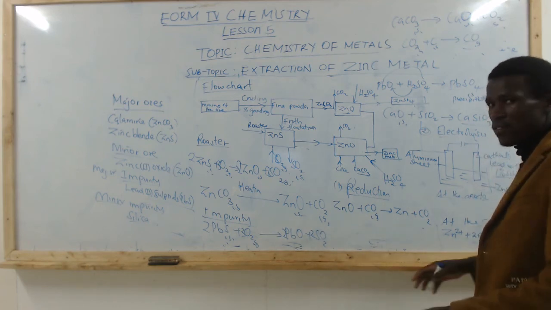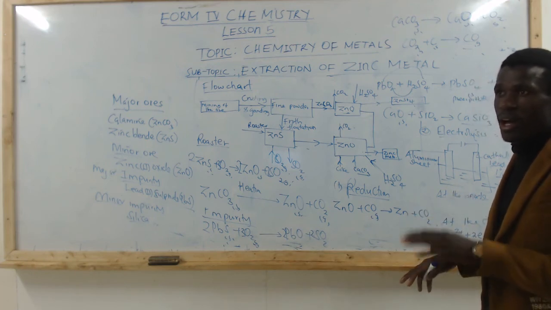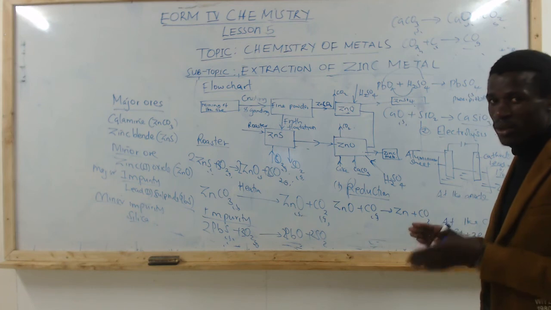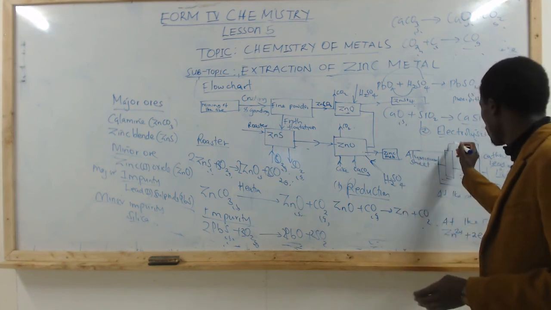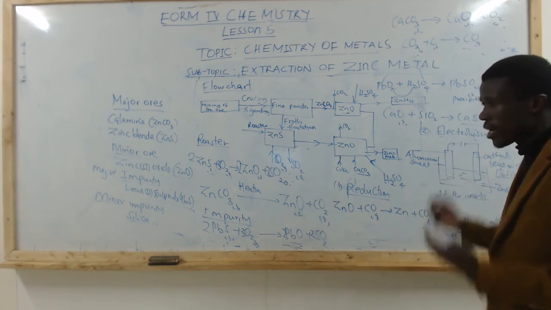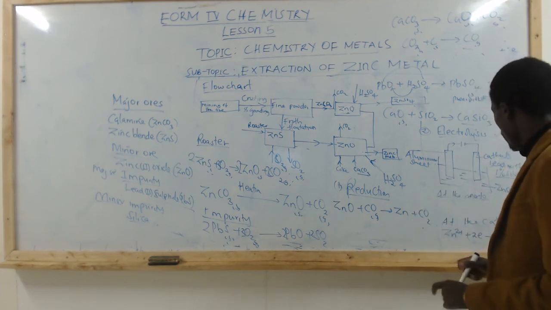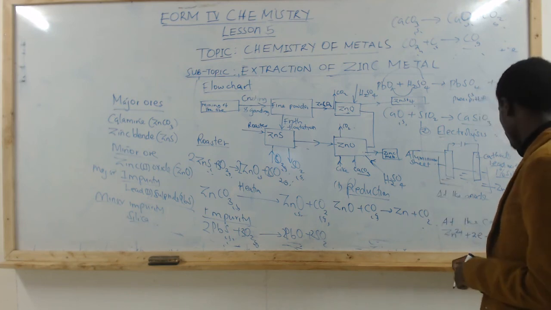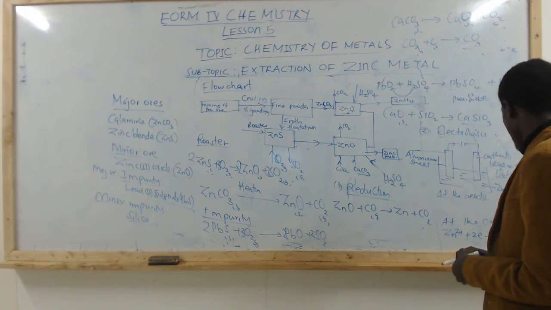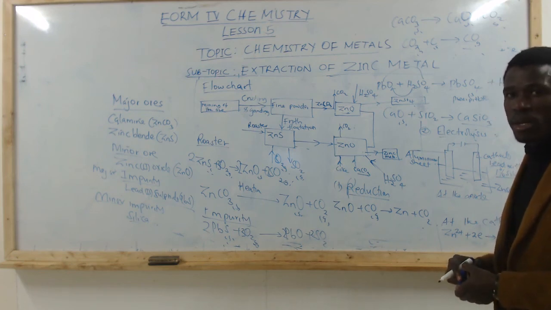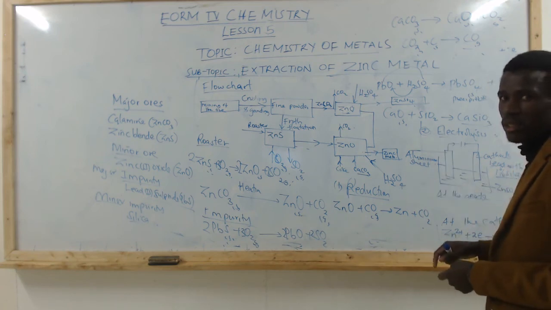At the anode we have 2 ions. We have hydroxide ion and sulfate ions migrating to the anode because they are negatively charged, and the cathode is what? Is negatively charged, and therefore the negative ions migrate to the anode. But in this case, hydroxide ion will be preferentially discharged to sulfate.